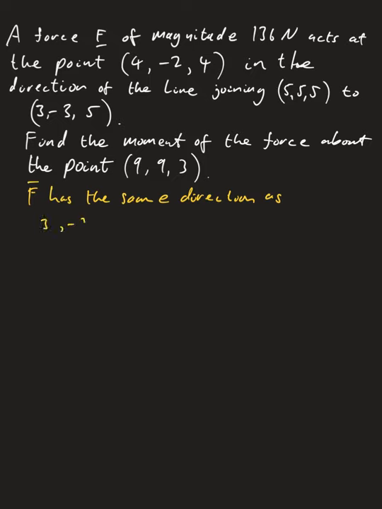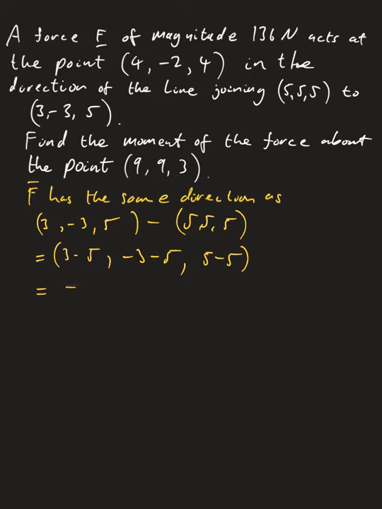I want 3, minus 3, 5, minus 5, 5, 5. So that's equal to 3 minus 5, minus 3 minus 5, and 5 minus 5. So that's equal to minus 2, minus 8, and 0. So that is the direction of the force F. I'll call that V.